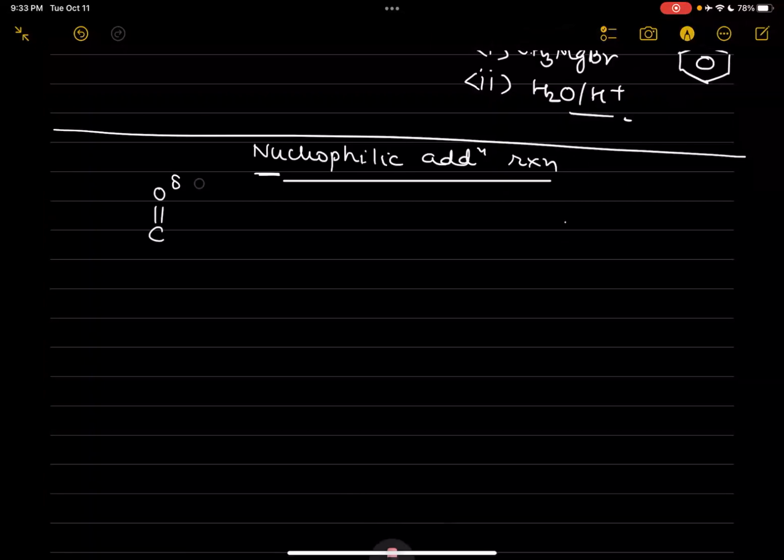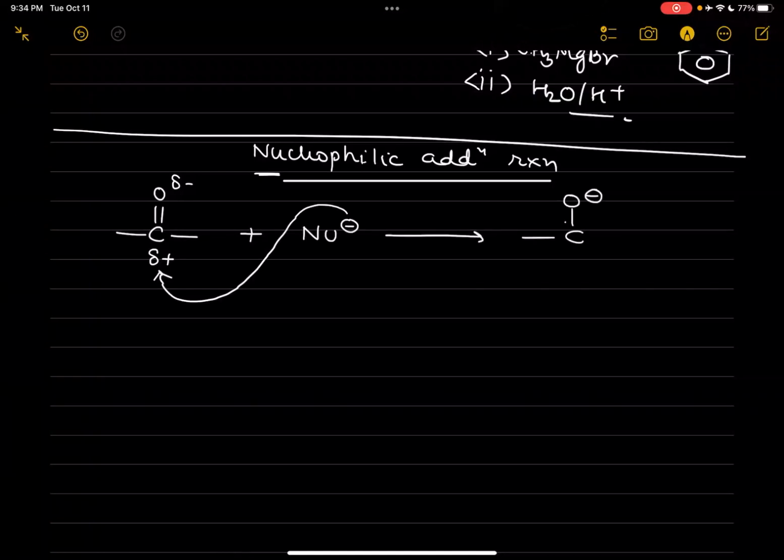Why is it polar? Because of the electronegativity of oxygen, between the oxygen and the carbon. And the nucleophile is going to come in and join. Right? Yes, sir. This is how we are going to have this addition.